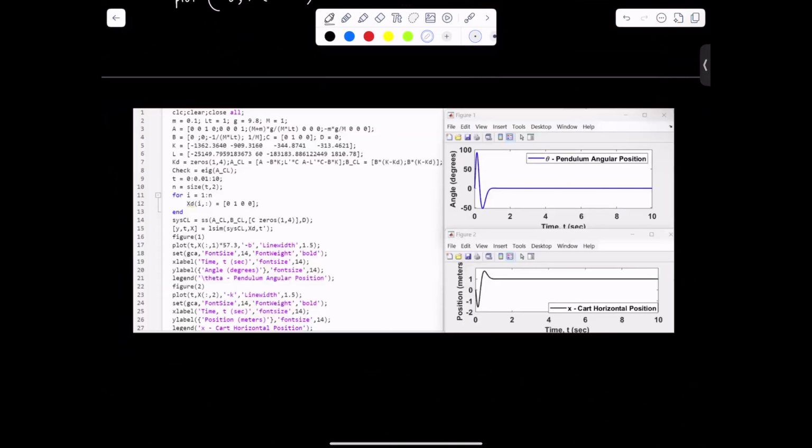So this is basically the result of whatever we have done so far. If you notice, the pendulum has already fallen, right? Because it is basically a 90-degree fall; it goes to 90 degrees and falls again.